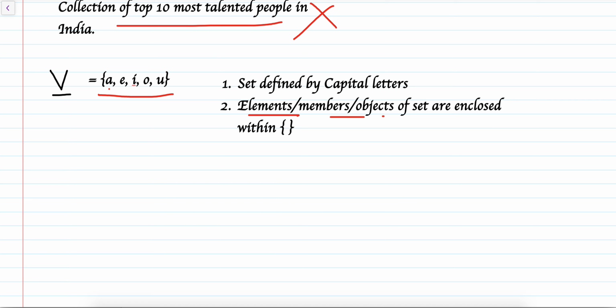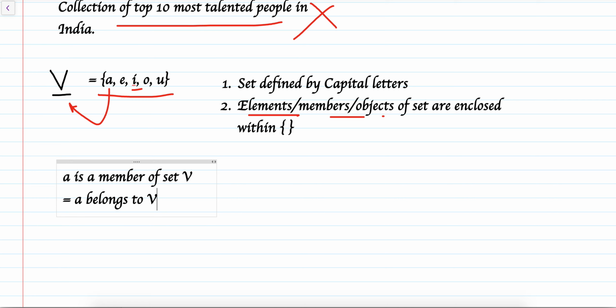So A is a member of V. E is also a member of V. I is also a member of V. Similarly, O and U. So we can write it as small a is a member of set V. This is equivalent to saying A belongs to V.